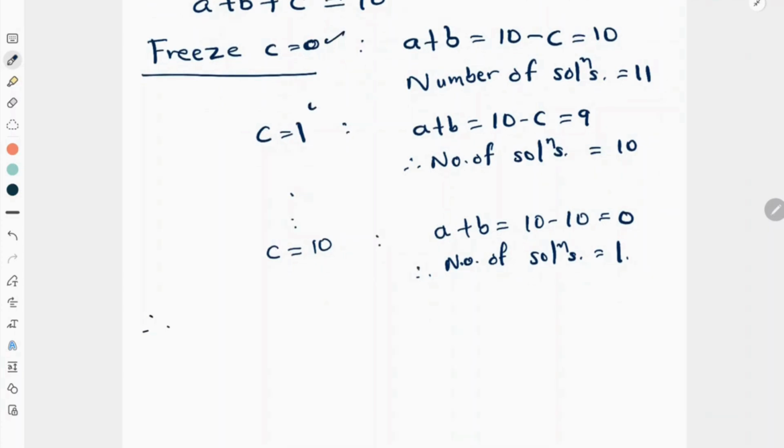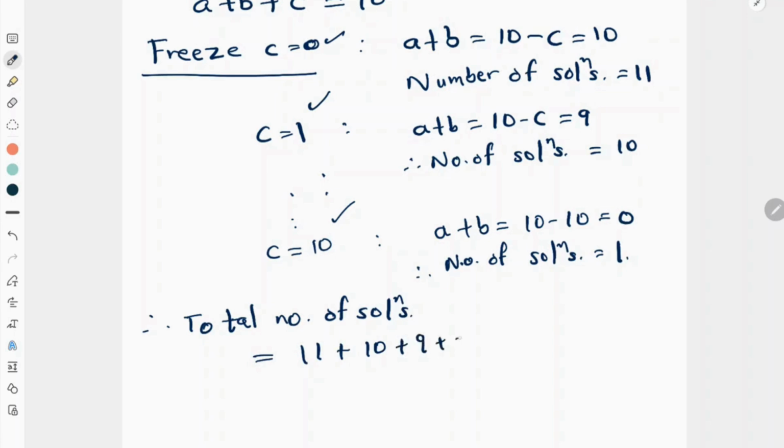So the total number of solutions, because c has to be equal to something, either 0 or 1 or something all the way up to 10, is equal to 11 plus 10 plus 9 all the way up to plus 1.